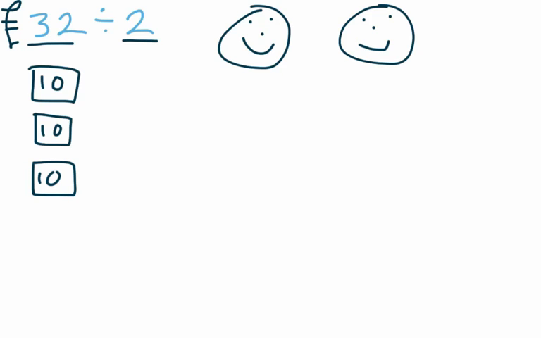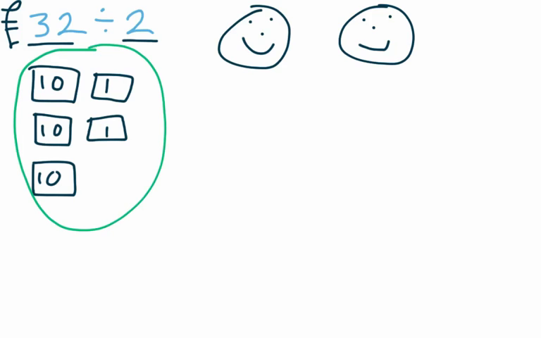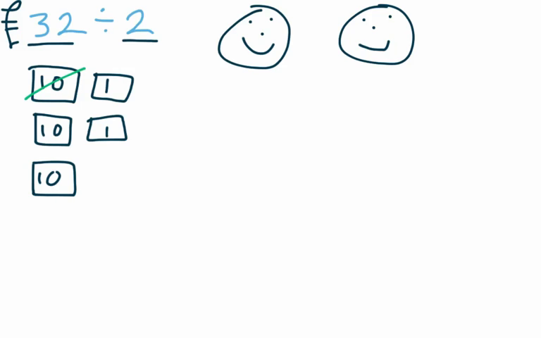And the 2 we could represent by 2 ones. So here we have still got 32. We're going to share that between the two people, so they could each get a 10, and they could each get a 1.